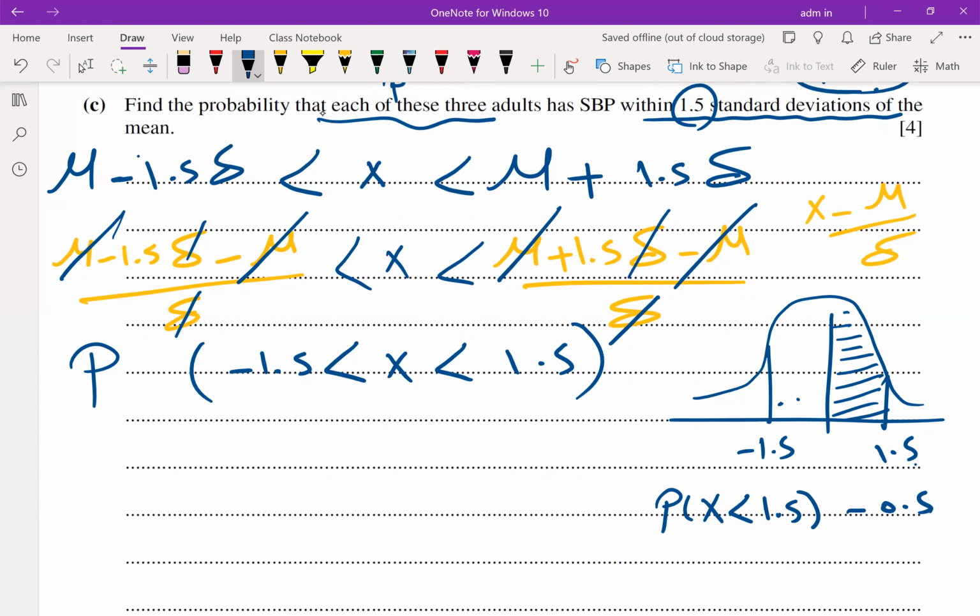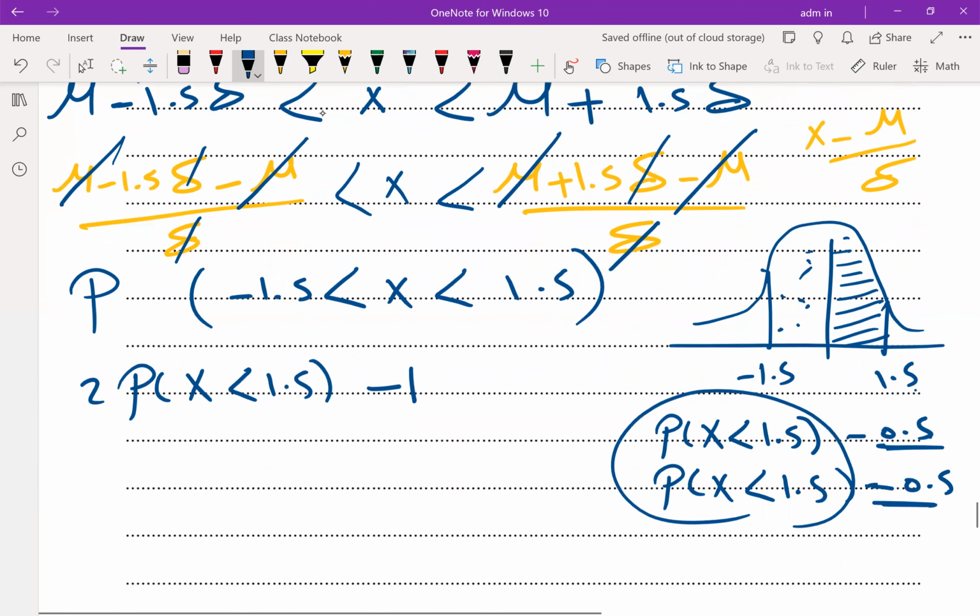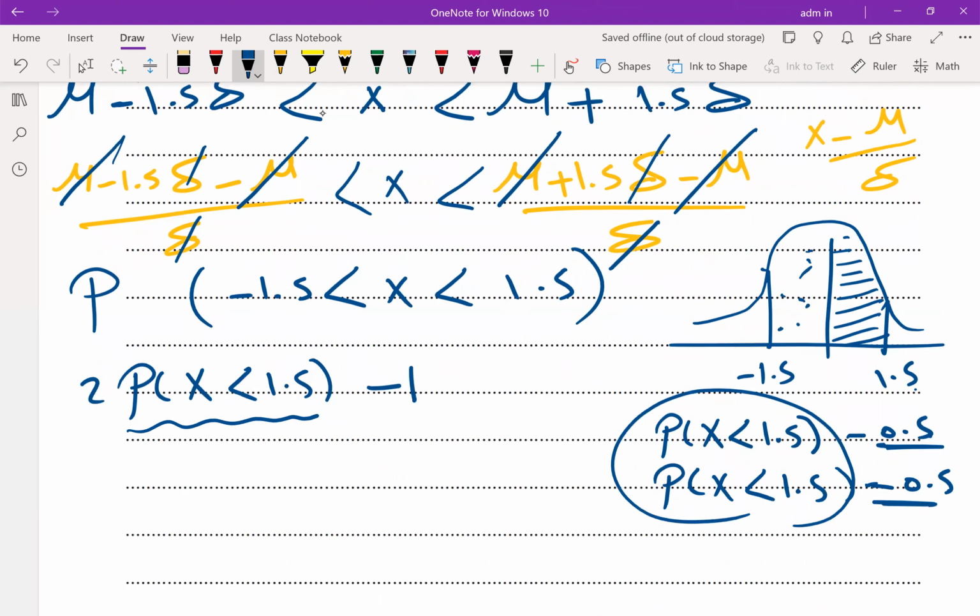And this one will also be the same, probability of Z less than 1.5 minus 0.5. So to get your answer, double the probability of Z less than 1.5, then minus 0.5 twice, which is minus 1. Now we'll get the probability of this part from the table and double it.